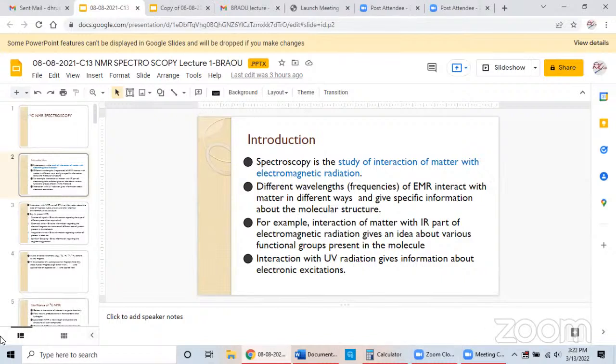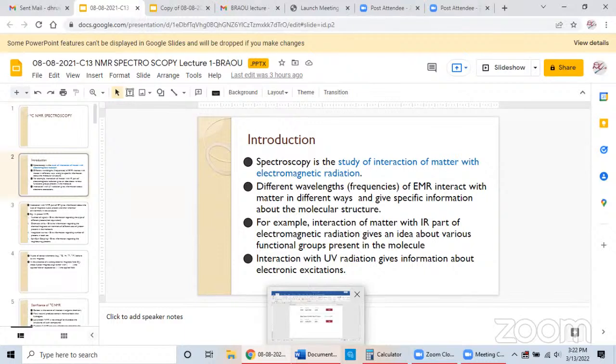NMR interacts with the NMR part of the electromagnetic radiation and results in nuclear excitation of magnetic nuclei. So interaction with the NMR part of electromagnetic radiation gives information about the type of magnetic nuclei present and their chemical environment in the structure, isn't it?